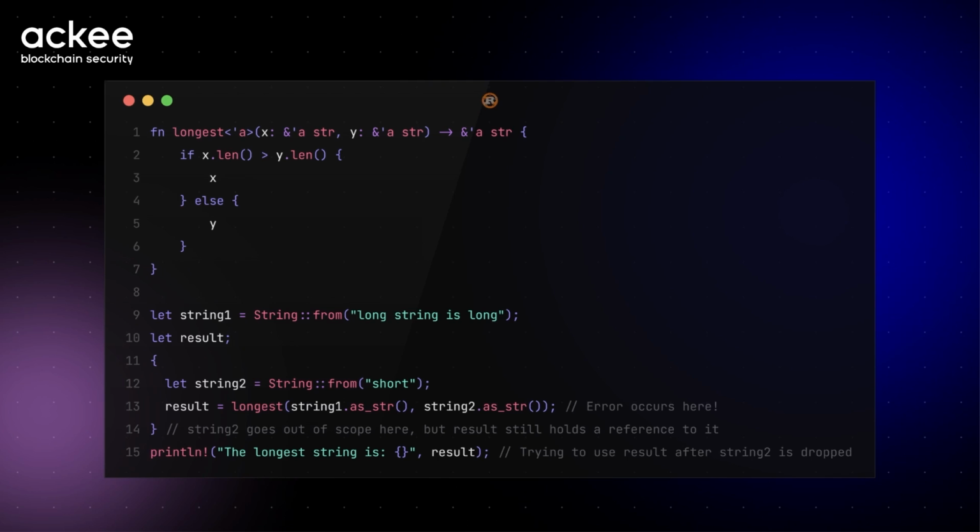That means with a lifetime, you basically specify that the underlying value should live for some period of time. In this case, we have specified that both variables should live for the same period of time, but it is not ensured because string 2 is dropped after the block ended, as the variable went out of scope.